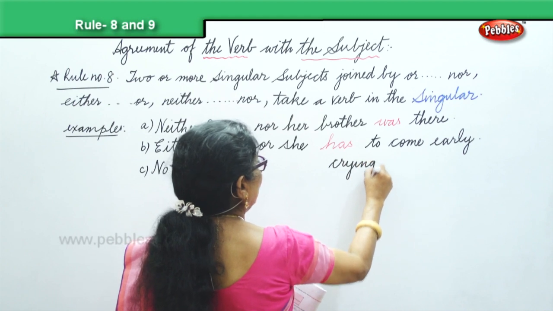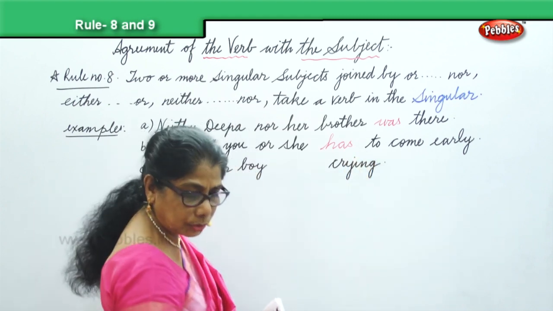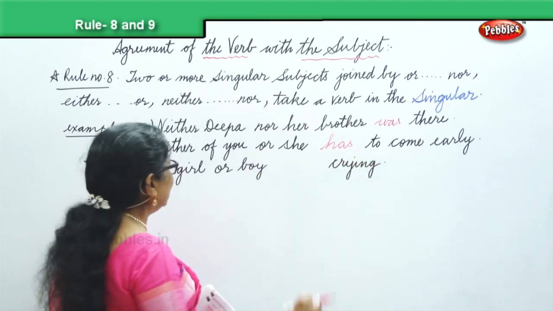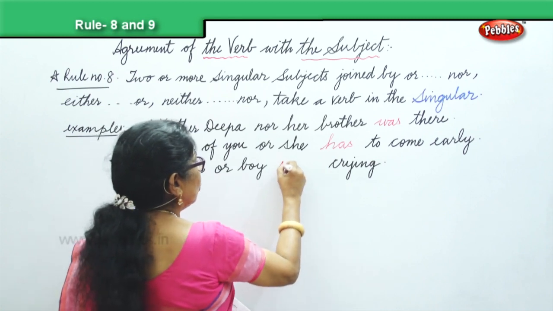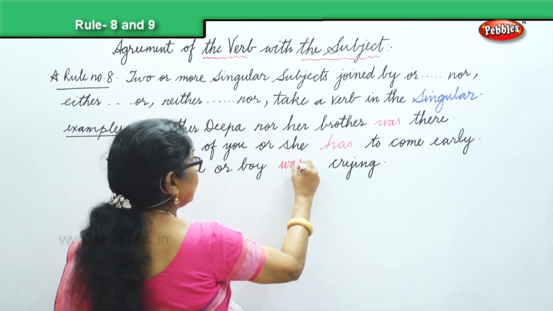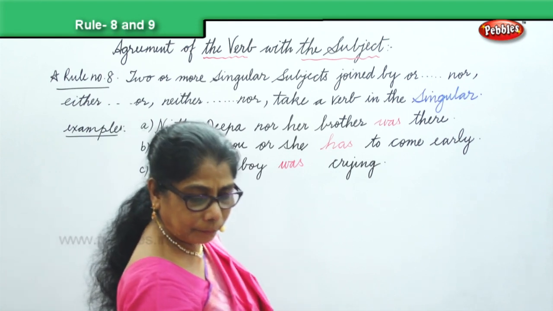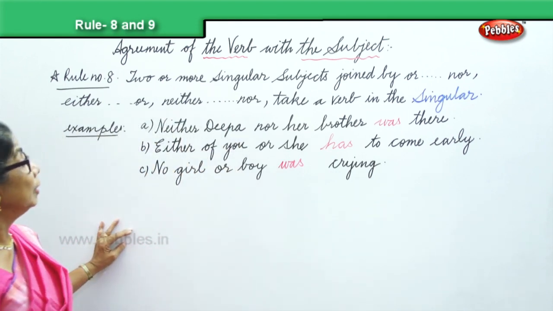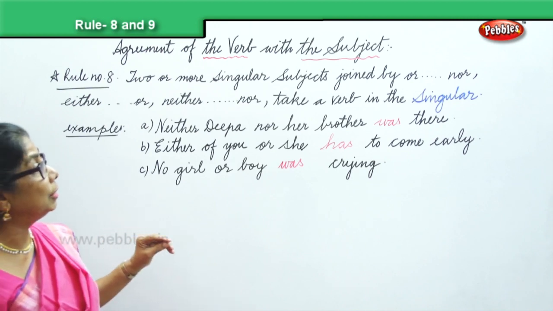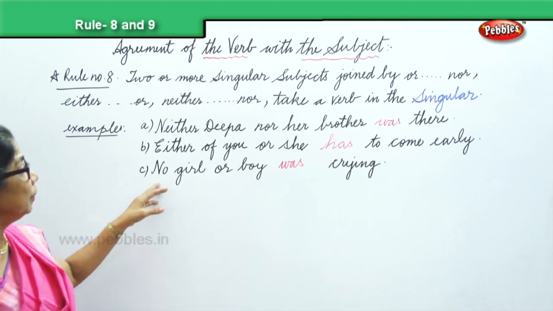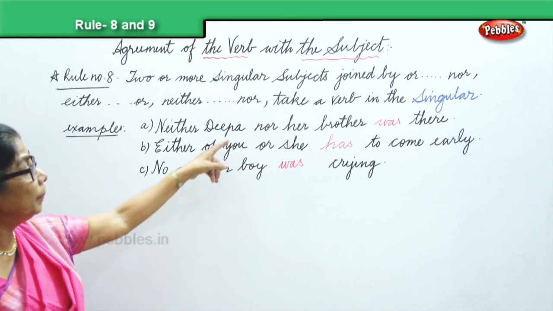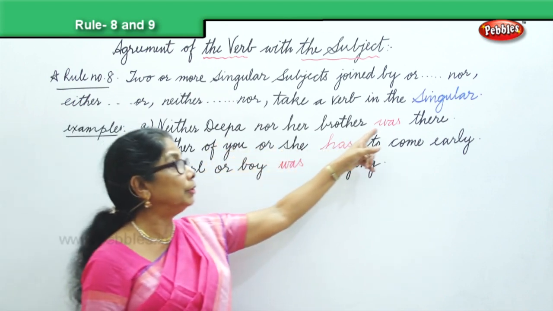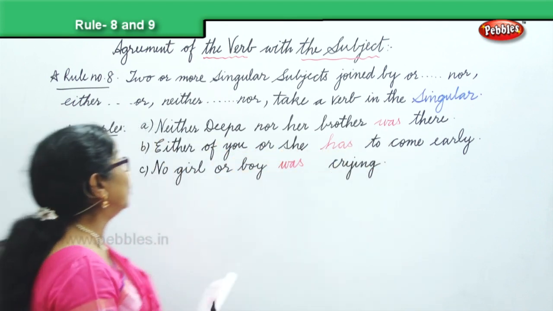Singular form of verb, was crying. Okay, that's rule number 8. When two or more singular subjects are joined by or, nor, then the verb is always in the singular form.